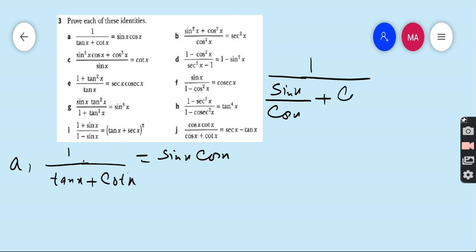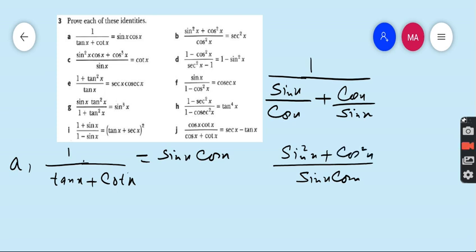Cot is what? Cos x upon sin x. Take the LCM of sin x cos x. Cos cancels cos, it is sin into sin is sin square x. Similarly, sin cancels sin, so it is cos into cos is cos square x, and this one remains 1.